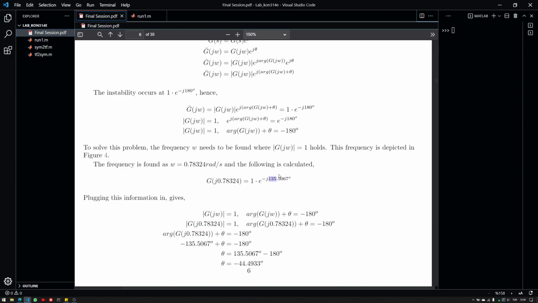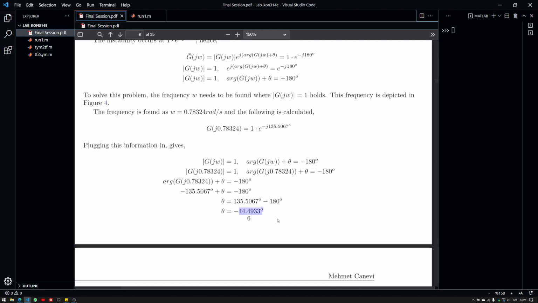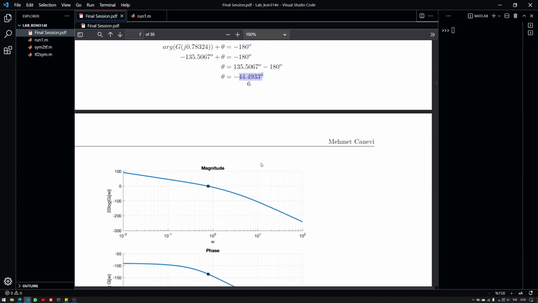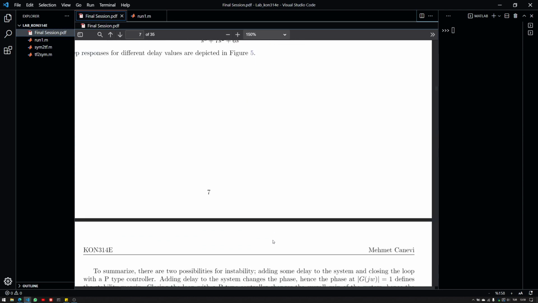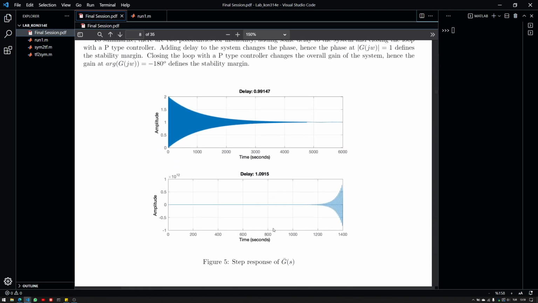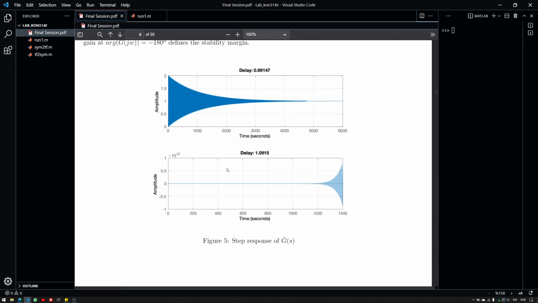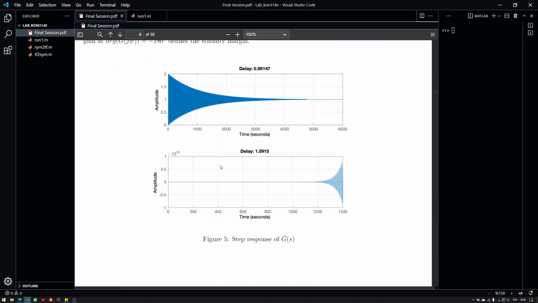So the distance between this and 180 degrees is theta, so minus 44.5 approximately, and then tau times omega gives us basically the amount of delay that we can add to the system. So if we use this as G(s) and then take G divided by 1 plus G, we get the following result. Now, this basically concludes this part of this question.